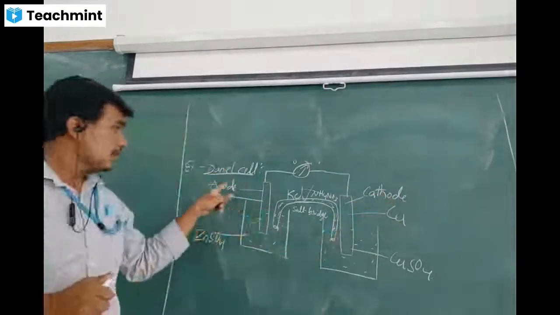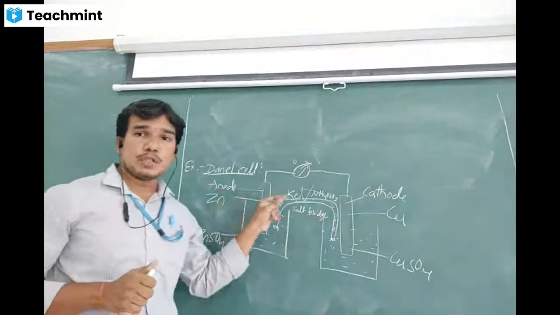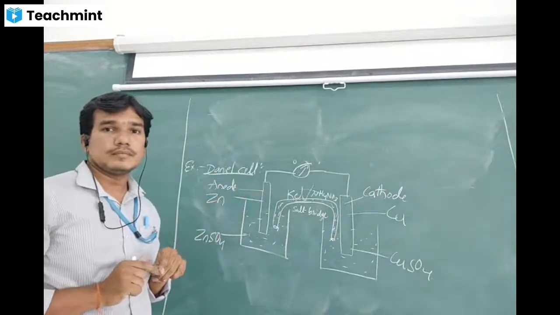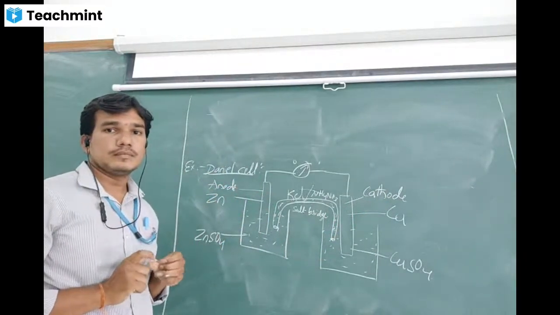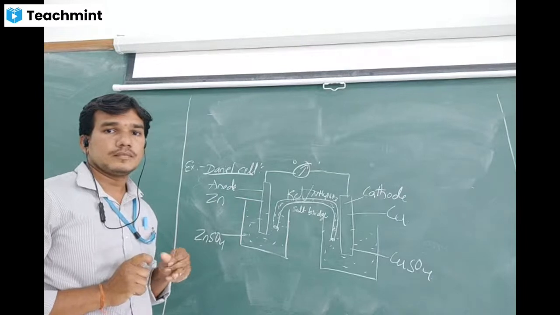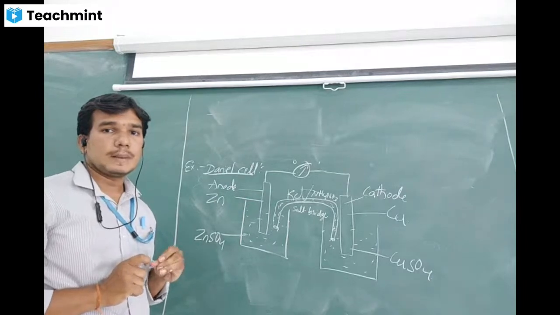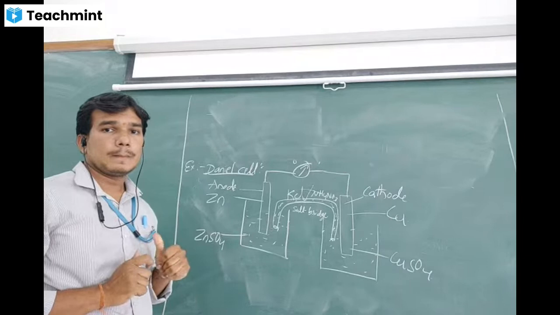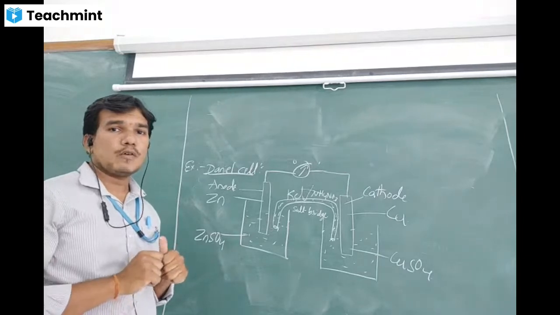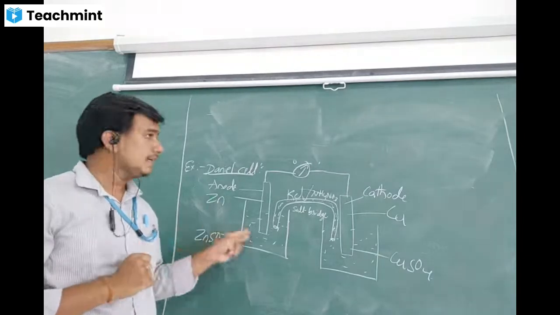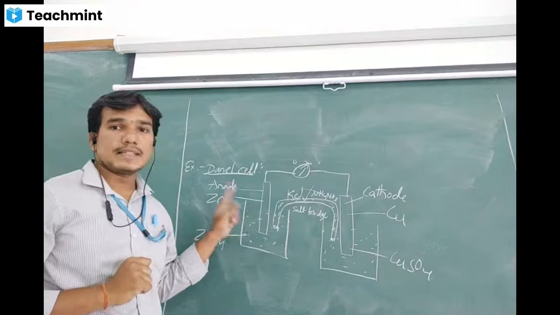So now, is the anode a negative sign or positive sign? Will the anode be negative or positive in a galvanic cell?